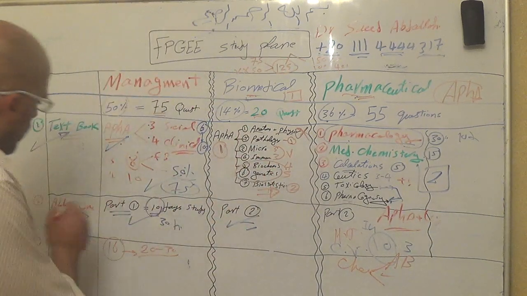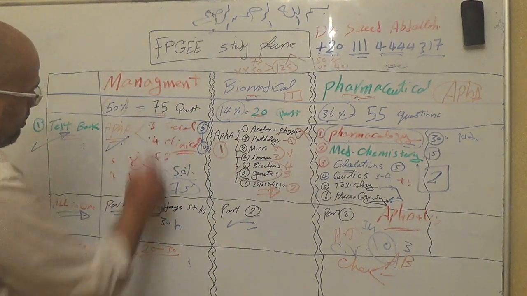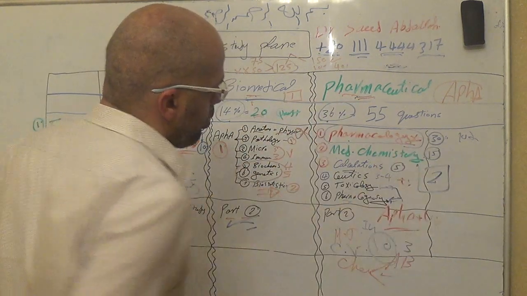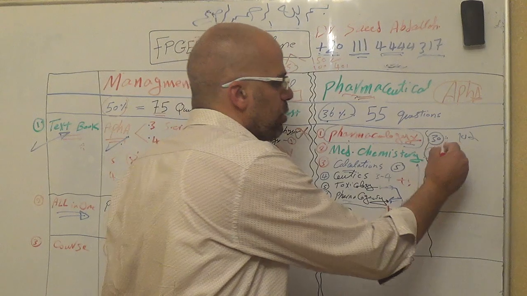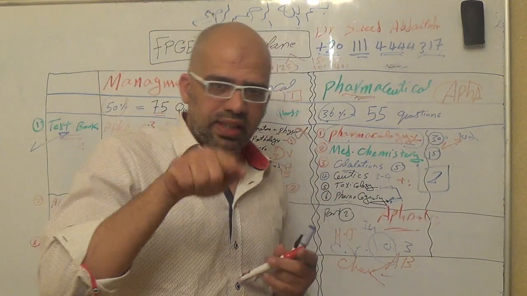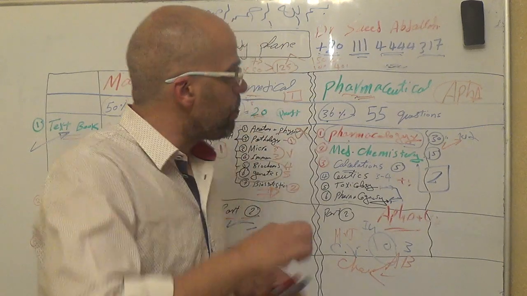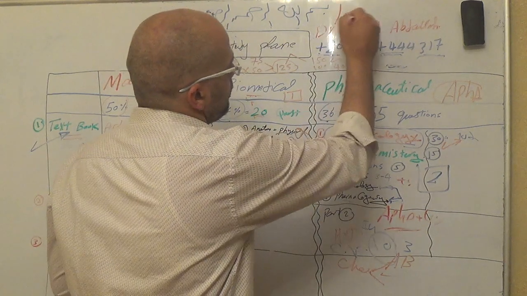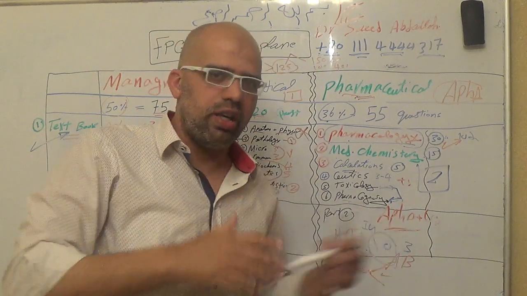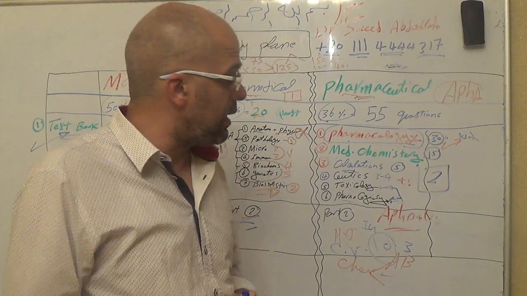If you want an all-in-one book, part 1 is management, part 2 biomedical and pharmaceutical, part 3 is only pharmacology, 30 days, and after each book I give you questions for each chapter, as I give you the 2 diagrams for agonist and antagonist, competitive antagonist and partial agonist.